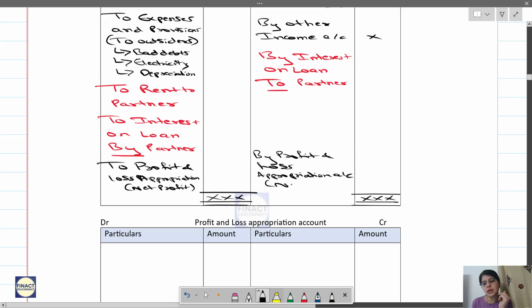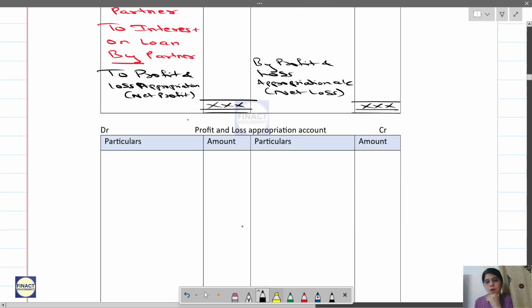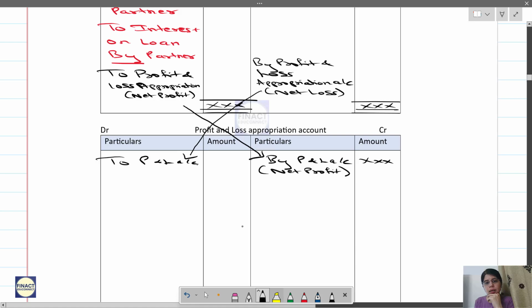This is net loss. So net profit will be transferred over here, and if it is a net loss, it will be transferred over here. You already know that, right? Same thing, whatever we did for trading to P&L, correct? So by P&L account, this is for net profit, and to P&L account if there is a net loss.